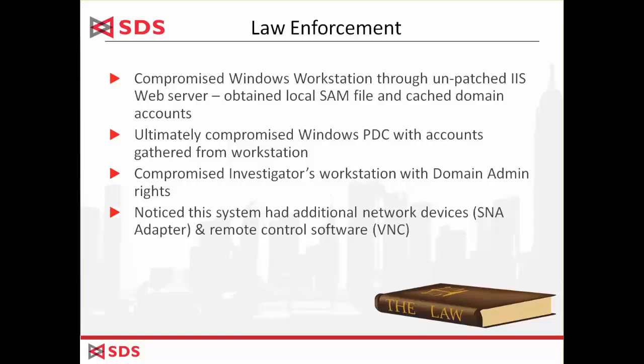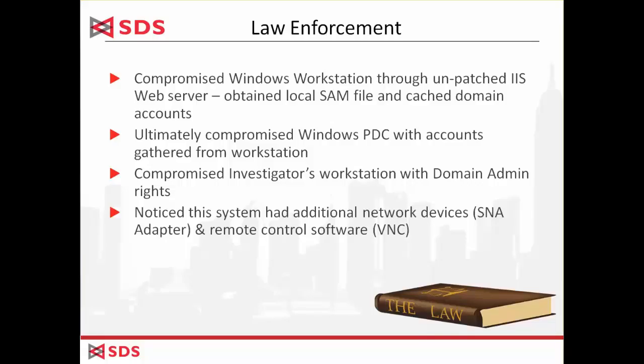But on this one, we noticed that it had an SNA adapter, which seemed odd because they had absolutely no mainframe or other IBM type equipment installed in this location. So this was worth a closer look.